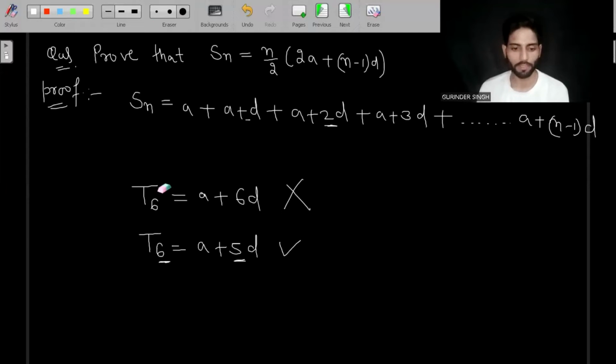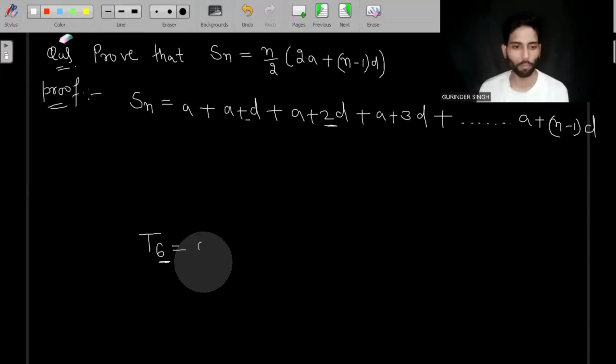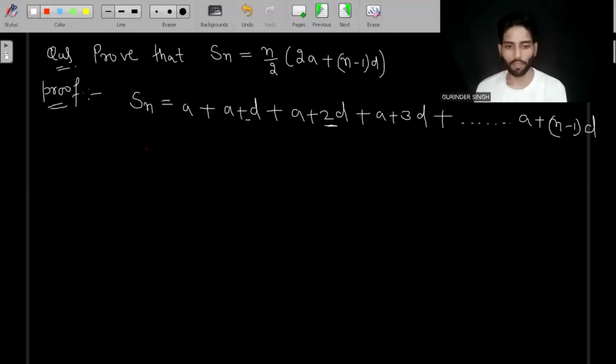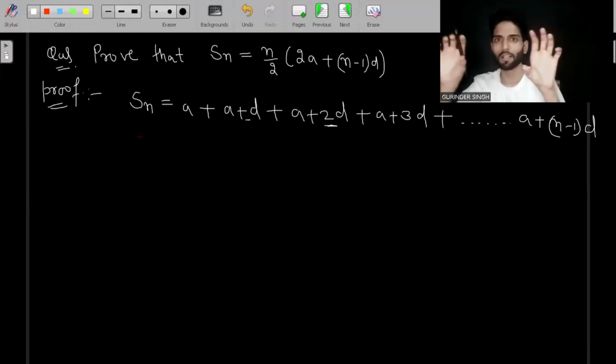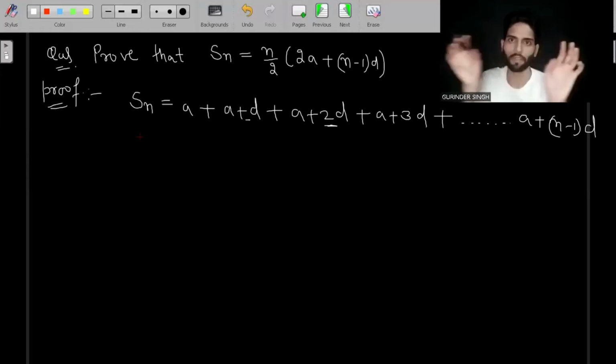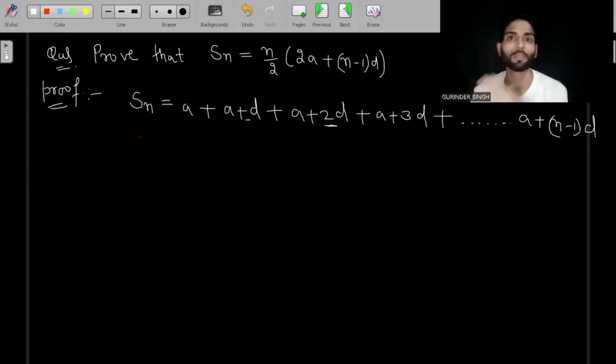Okay, let me erase this. I hope you got it. Now what I'm doing right now, I will just flip the numbers. If this is first and this is last, I'm going to flip it, so the first becomes the last and the last becomes the first.